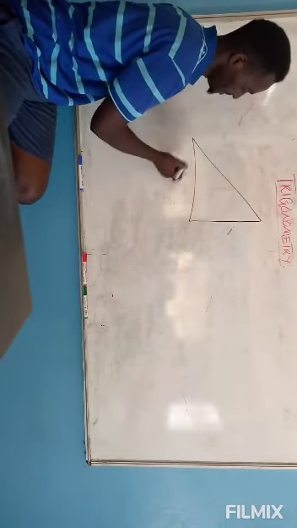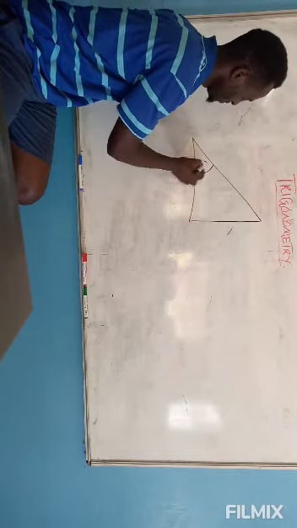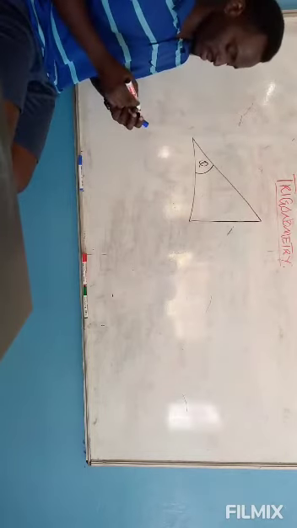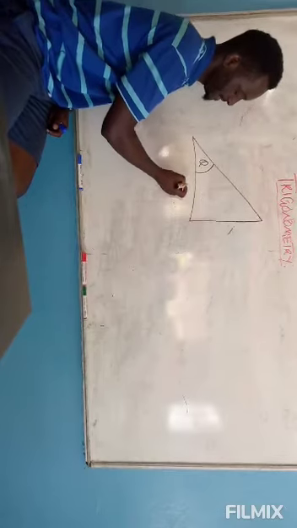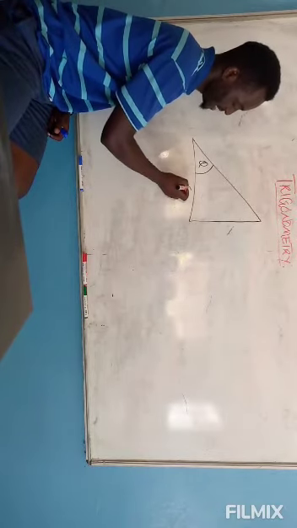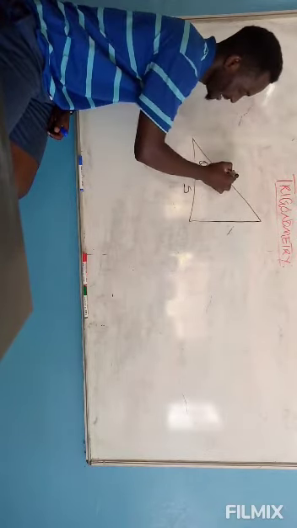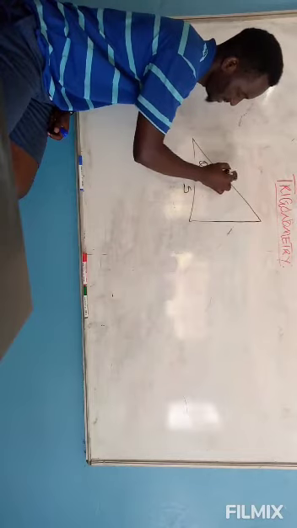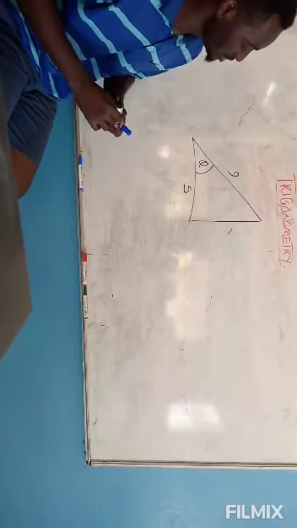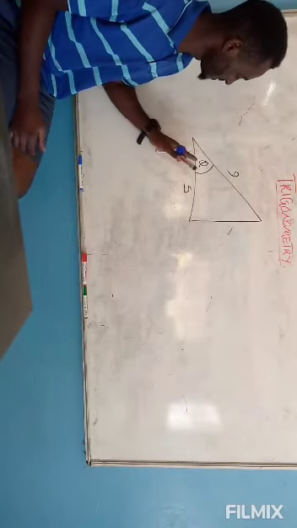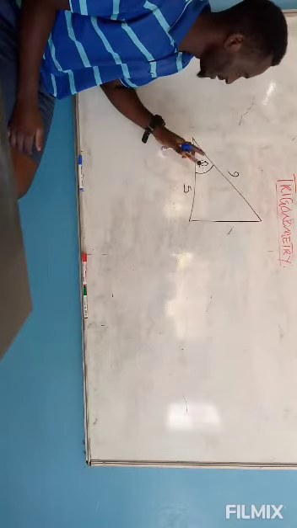And you've been given that as your angle. Let me get this as 5, and let me get this as 9. So I want you to calculate for the angle.